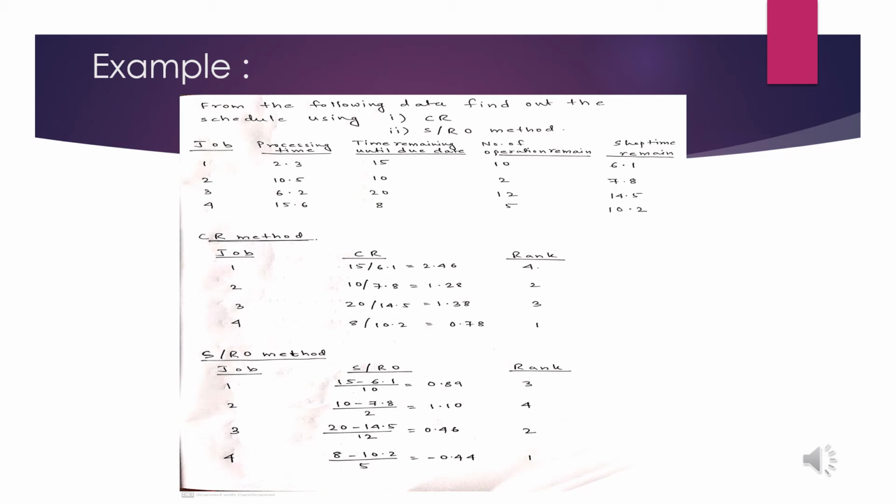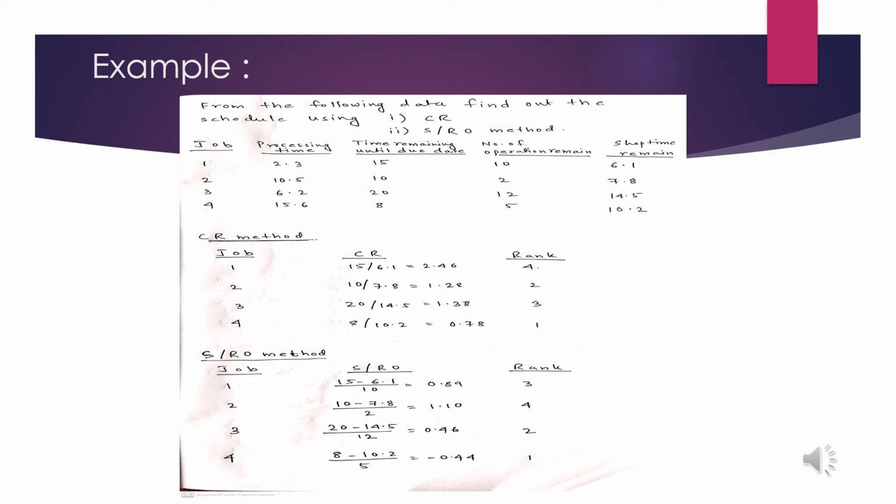For job 1, the due date is 15 and the shop time remaining is 6.1, so job 1's critical ratio comes at 2.46. Similarly for job 2, it is 10 divided by 7.8, that is the due date divided by the shop time remaining, which is 1.28.